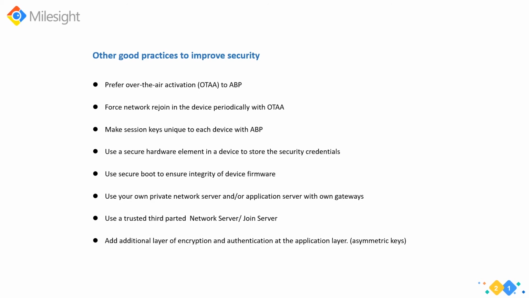Otherwise, your end device may be locked into just one LoRaWAN network, and if you want to change it, it's very troublesome. If you follow these best practices, you can build a system that is very hard to attack.